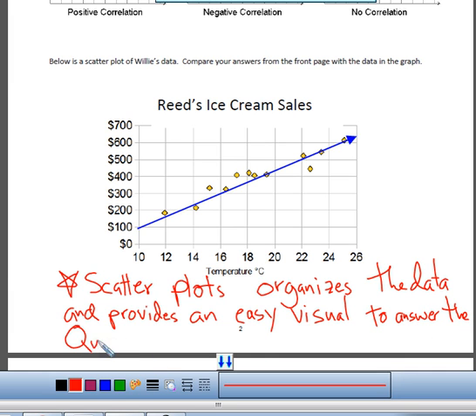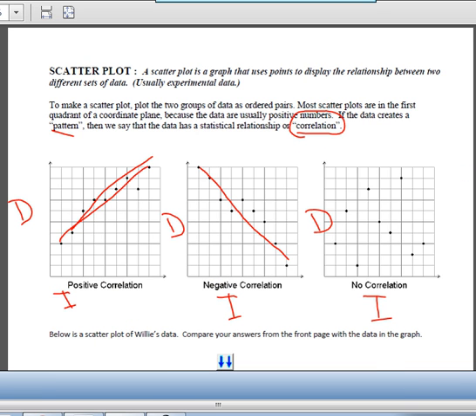And that's really the main goal here, is to be able to answer the questions. We could kind of tell from looking at the table, but we didn't know for sure. So let's go back to our questions.